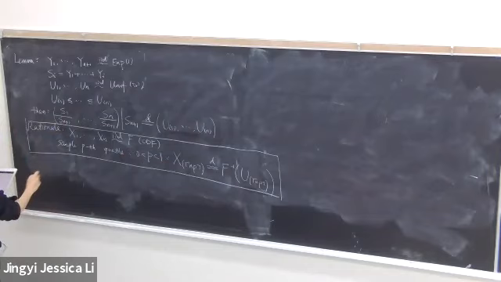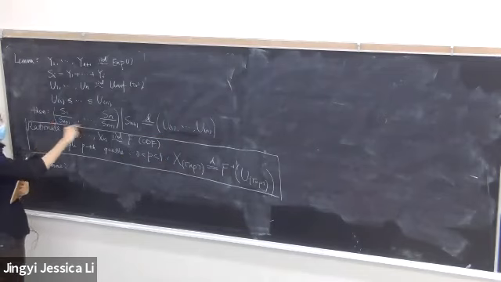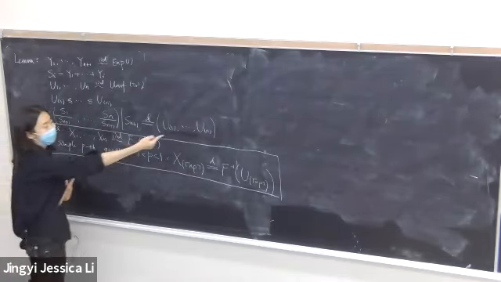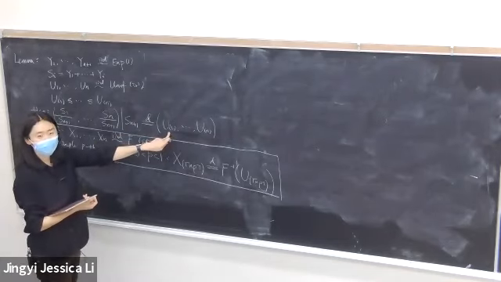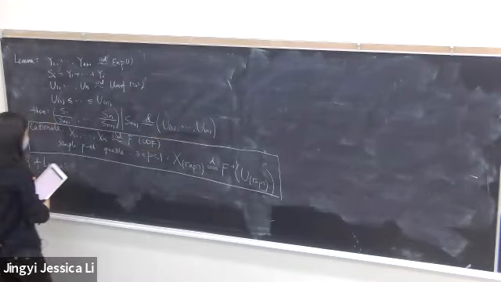But to prove this lemma, we will use basic techniques. That is, we're going to show that the conditional density of the left-hand side is equal to the density of the right-hand side. So first, let me ask you a question. What is the density of this order statistics vector?